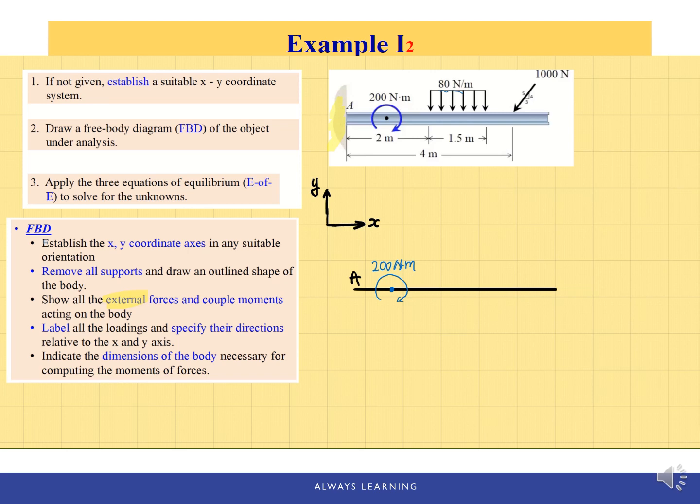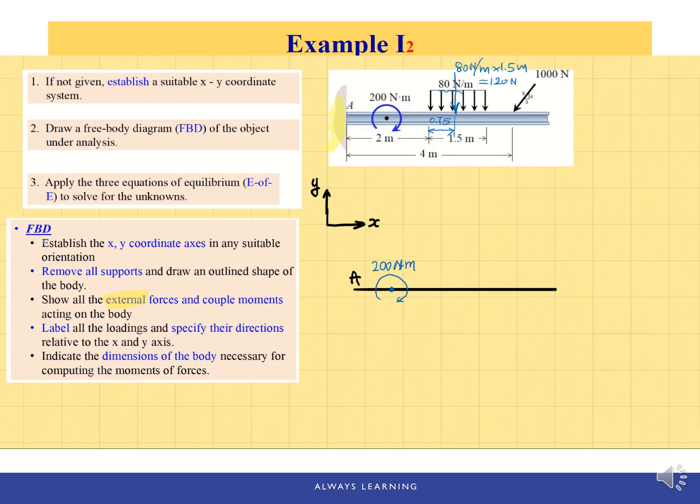So when we draw the free body diagram, we usually replace this distributed load with one concentrated load. So now the magnitude of this concentrated load will be 80 Newton per meter times 1.5 meter. So the magnitude will be 120 Newton pointing down, and the location of this force is in the center of this geometry, which means it's halfway from the left end of this distributed load portion.